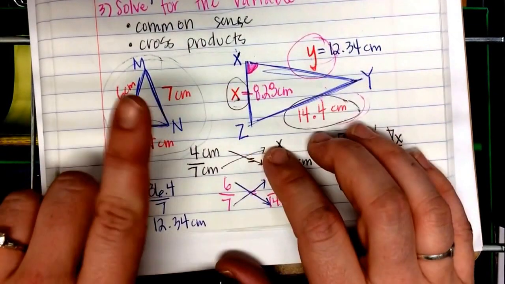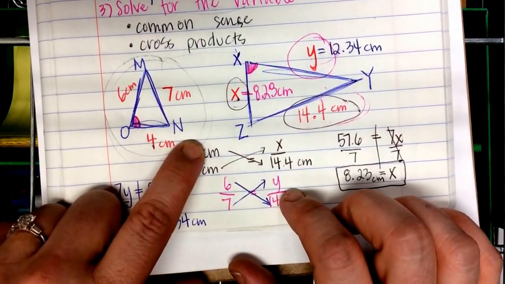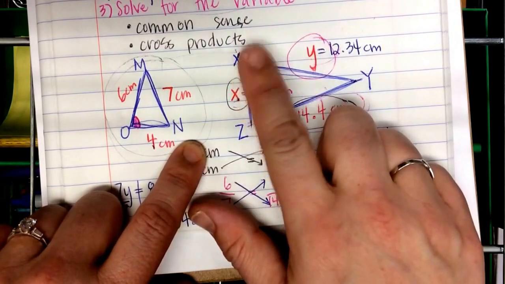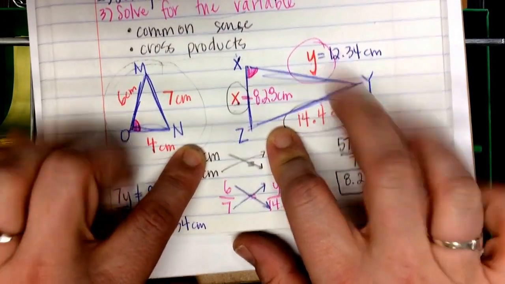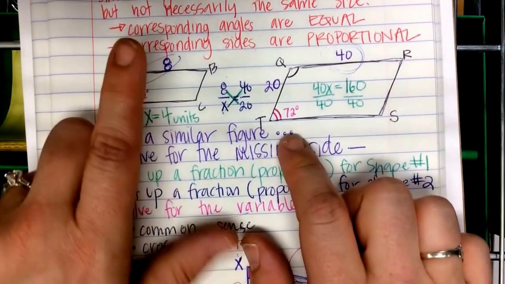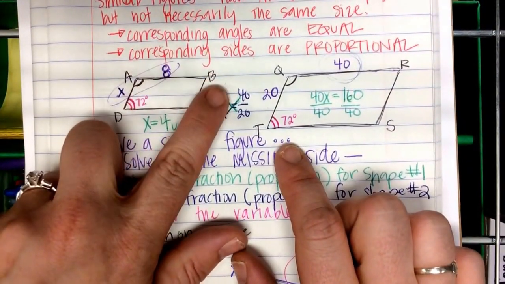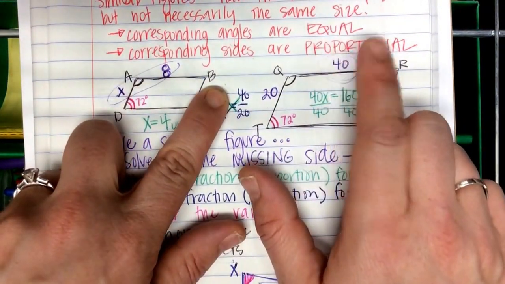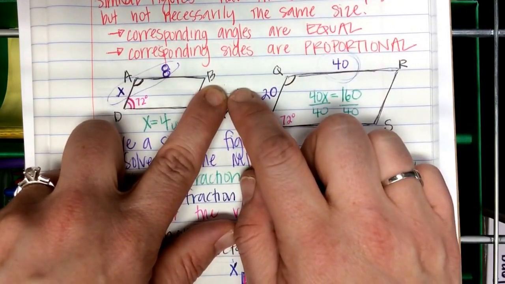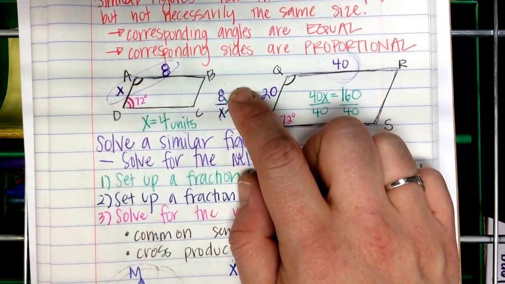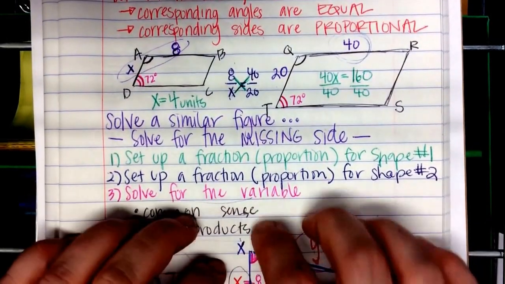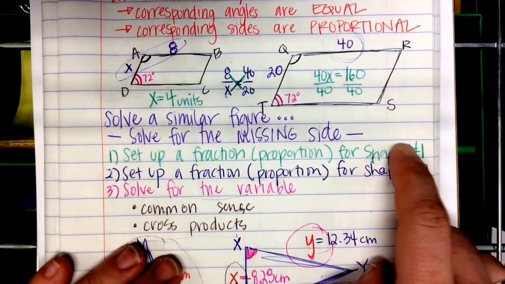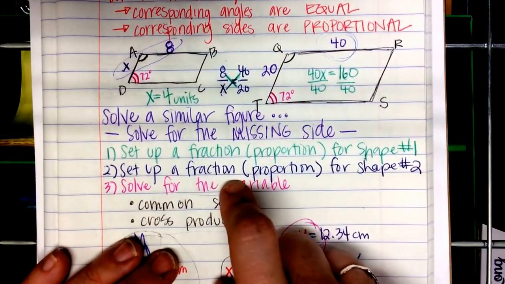If you pick the short side to go on top, the short side needs to go on top. If you pick the top to go on top of your first fraction, the top goes on top of your second fraction. Similar figures. Set up the fraction, and solve.